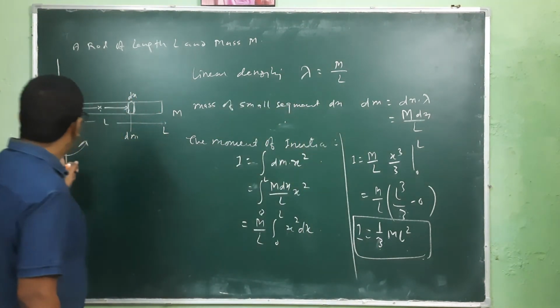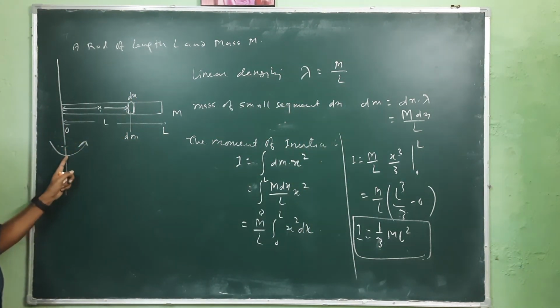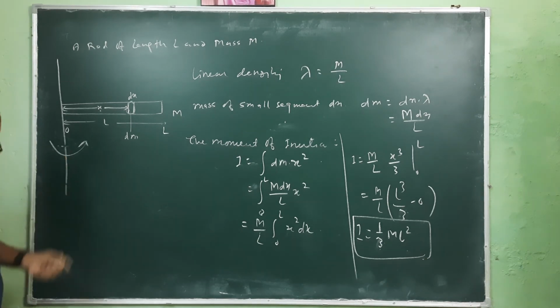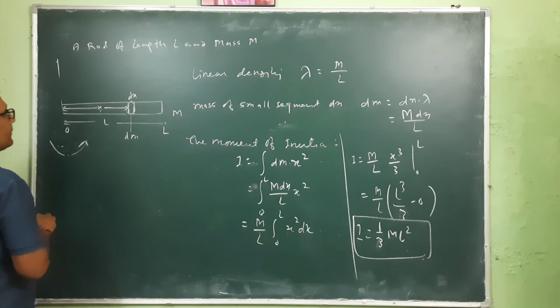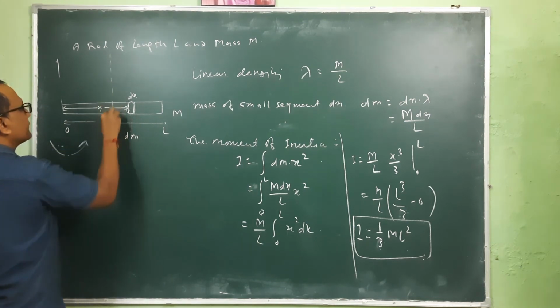So that was when the axis is at the end of the rod. What will happen if the axis is at the center? If the axis is at the center, this is that axis.